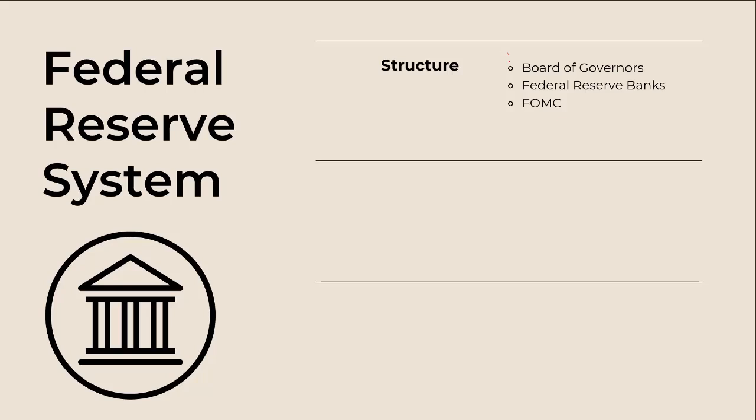The Board of Governors sit in Washington, D.C. They're appointed basically by the president and confirmed by the Senate, just like federal judges and other federally appointed positions. It's a similar process, and they serve 14-year terms, and there are seven Board of Governors members.